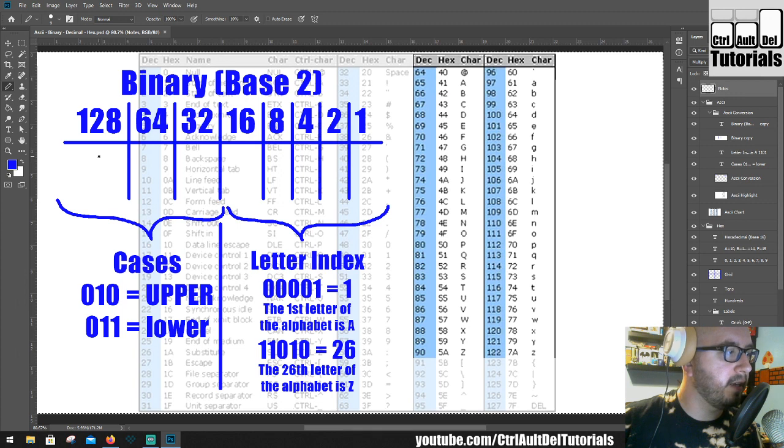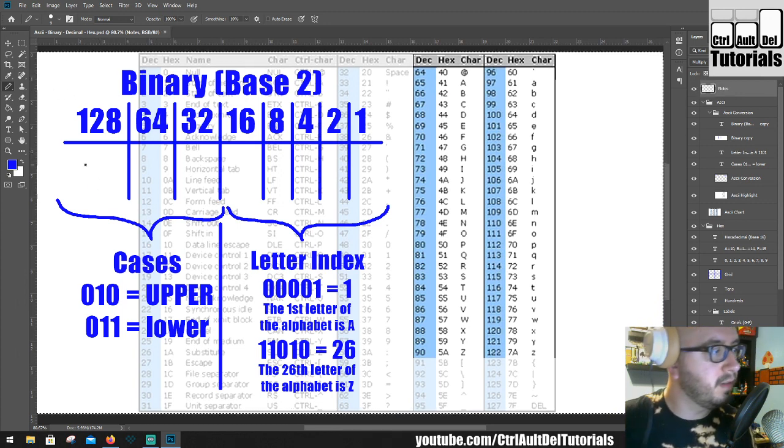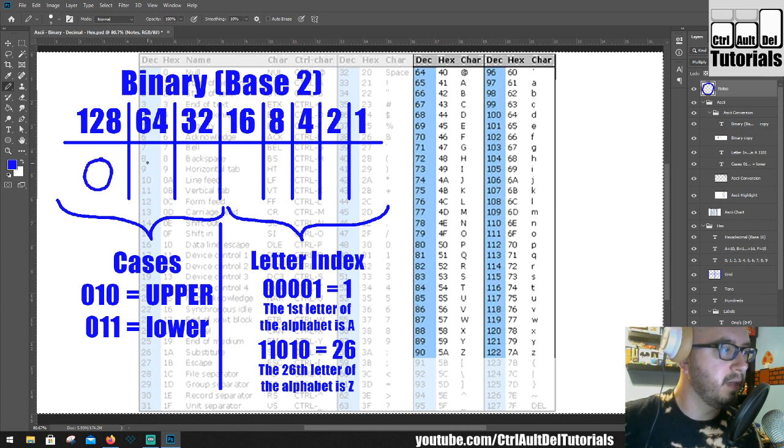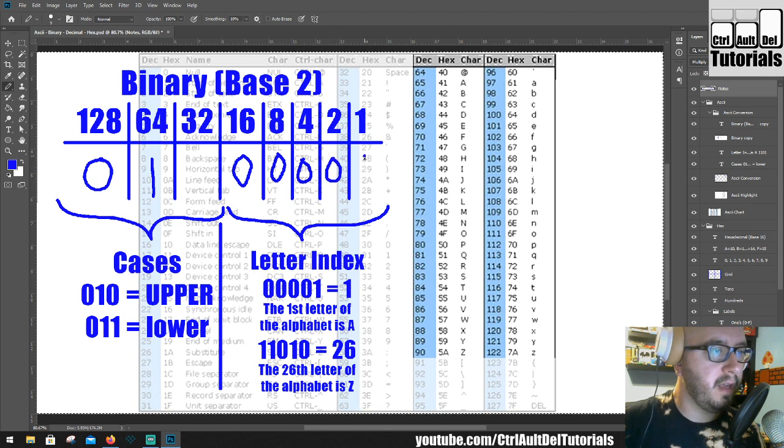So let's say I had 0, 1, and we're just going to leave this 32 blank for a second. And let's say these are all zeros. Writing with a mouse is easy. And this is a 1.